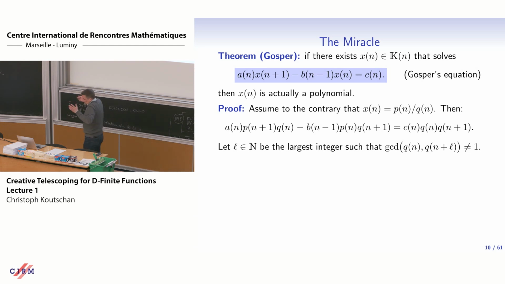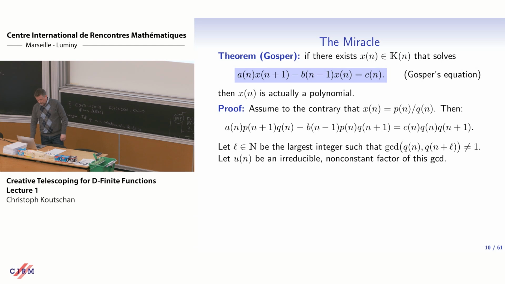So this always exists, and potentially it is 0, if there's no non-trivial shift. But if you assume q of n is a non-trivial, non-constant polynomial, then at least L equals 0 works. So we assume this GCD is a non-trivial polynomial, and therefore let's take an irreducible factor of it, call it u of n.